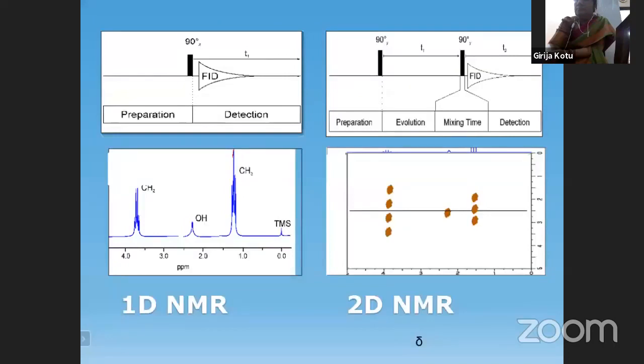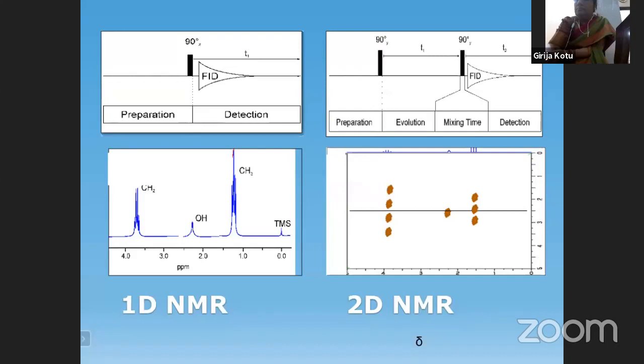And again, the basic differences with respect to experimental procedures. On the top, you have 1D and 2D, and just below the 1D experimental procedure, you have the 1D NMR spectrum of the ethanol molecule, and the same ethanol molecule in the 2D NMR spectrum, how it looks. You have two axes here, whereas in 1D, only one axis is shown for the signals.